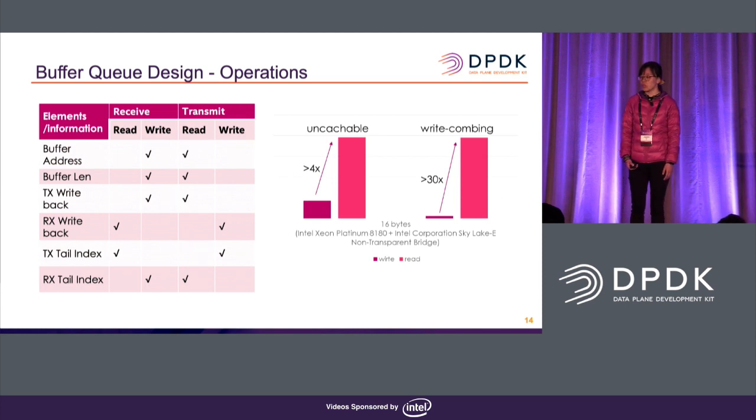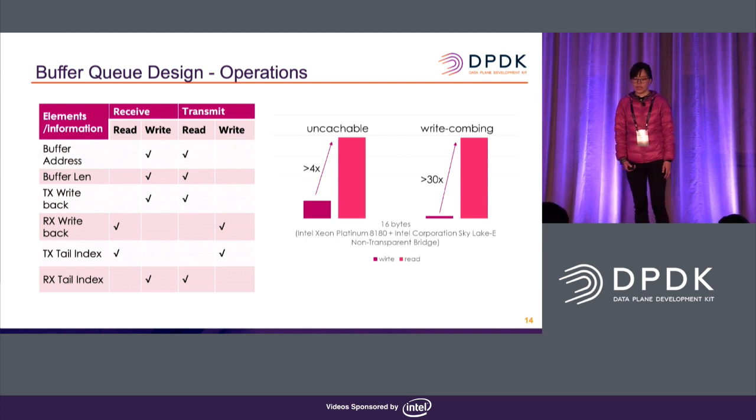And from the CPU perspective, we also have memory types: uncacheable, cacheable, and write combining. Because NTB is a memory mapped device, we can set that memory to be the write combining type.